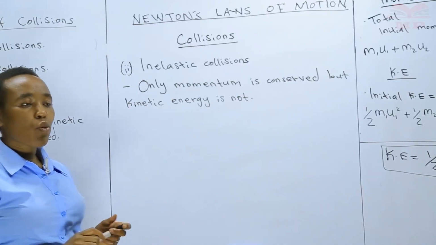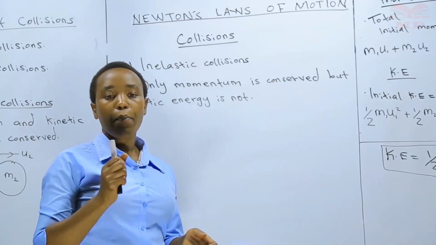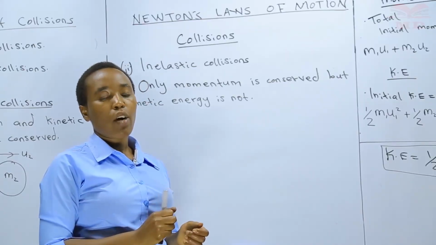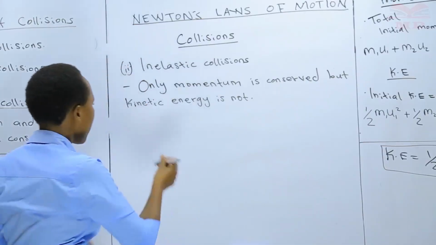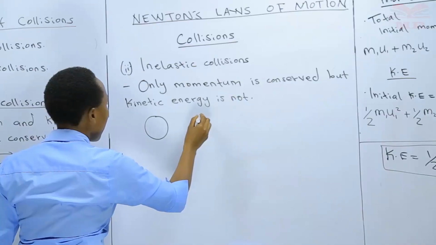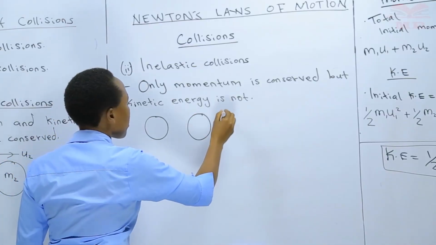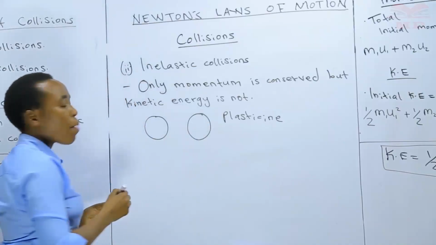And in this case, mostly, I may give you an example of a lump of plasticine colliding with another one, and then they fuse. Let's say we have a lump of plasticine here, and we have another one. We have two masses.